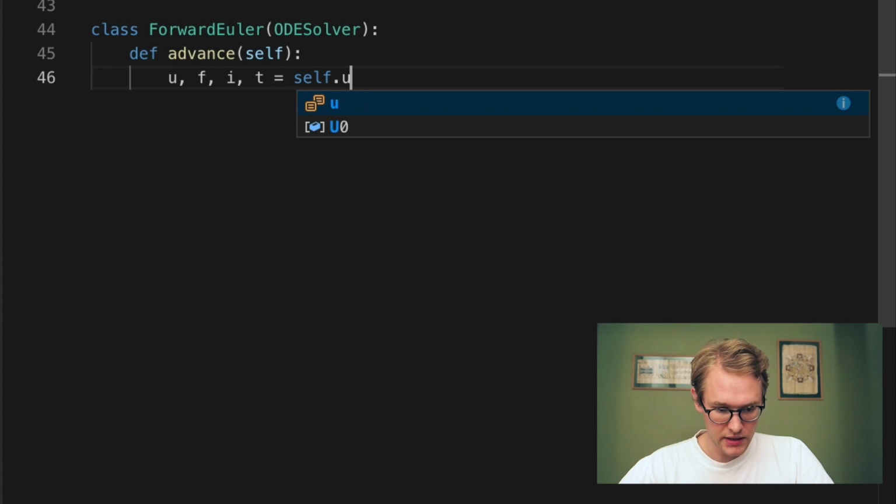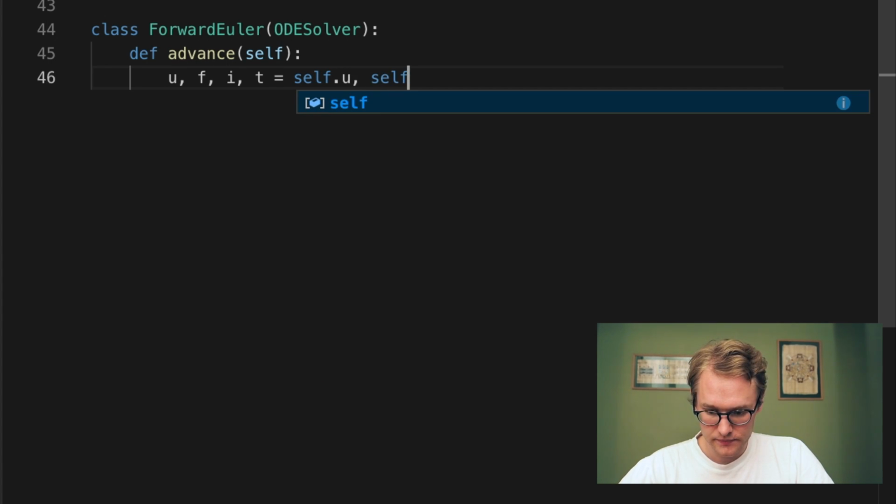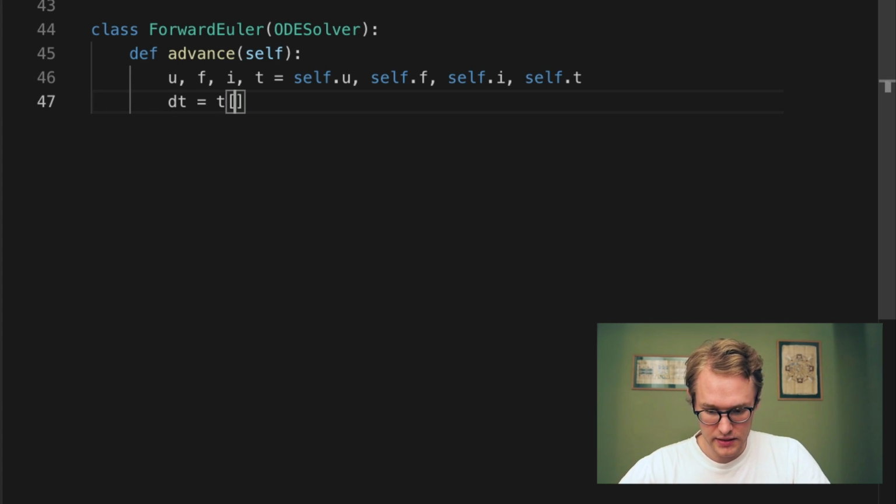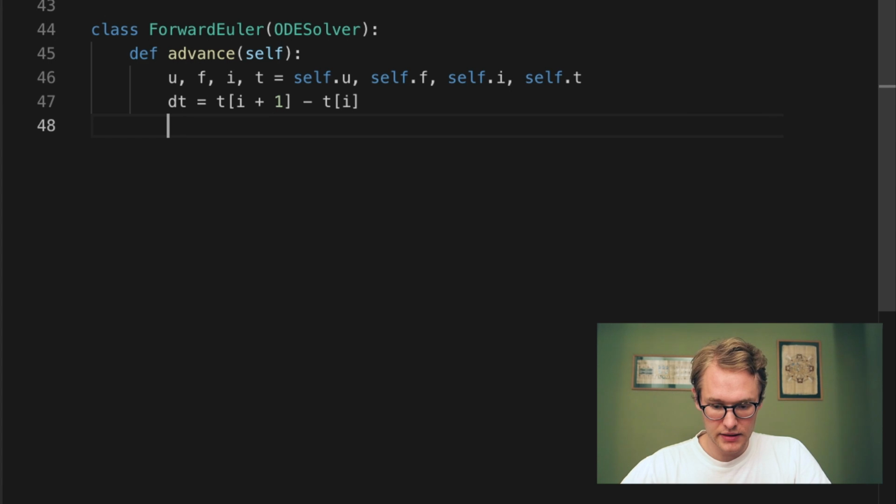So we're just going to get all these like so, and we need the size of a tiny time step because we're going to use it when we integrate.